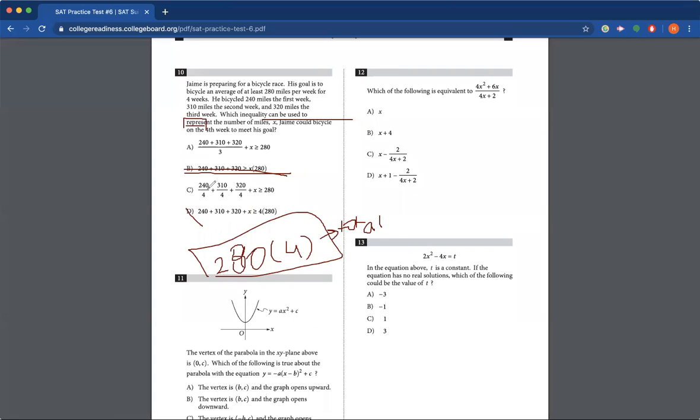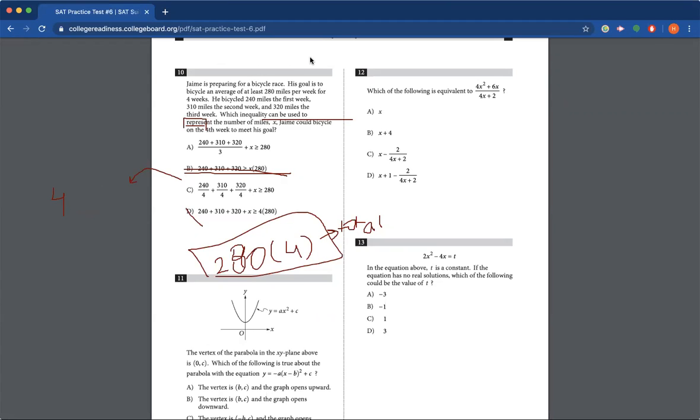Why is this wrong? Because we're dividing by 4. Now, remember, if you divide each one by 4, it's kind of tricky. I think the better way to explain it is to multiply everything by 4. Let's say I multiplied both sides by 4.